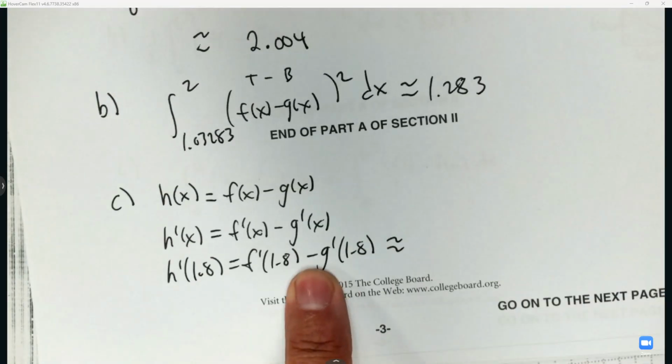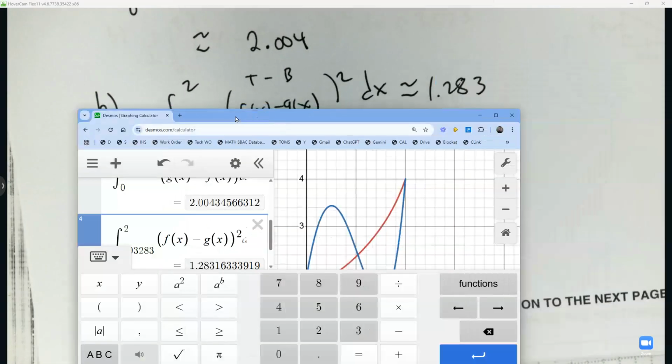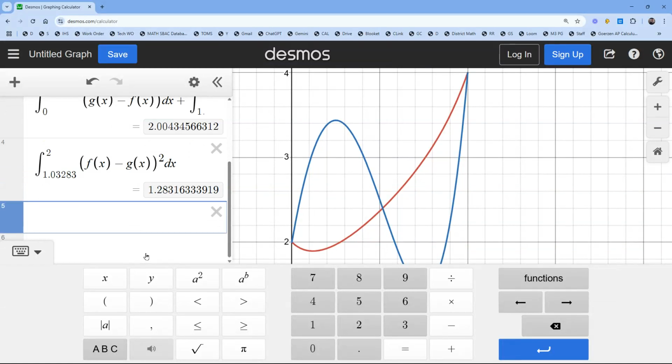So I'm going to type this in the calculator, and then we're done. Make sure I typed it in correctly. And you get negative 3.811 or 2. Both are correct.